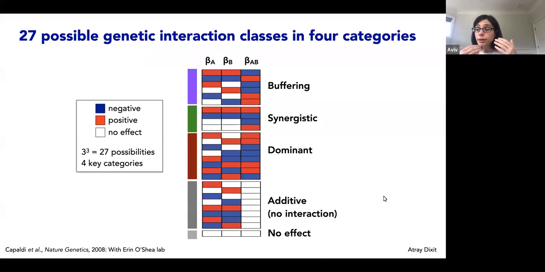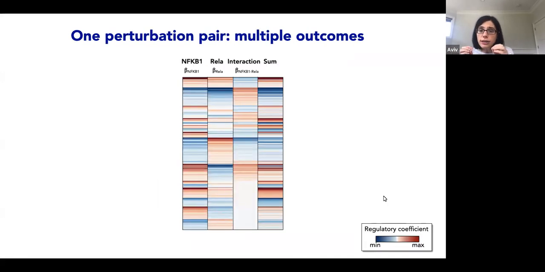We will be able to determine the impact of each pair of perturbations on each gene, and you can categorize them in this way by the extent of interactions that they have in each of the 27 possible categories for 2 interacting genes. And when we do this, this showed us that just for this pair of transcription factors, the extent and even the type of interaction depends on the target gene.